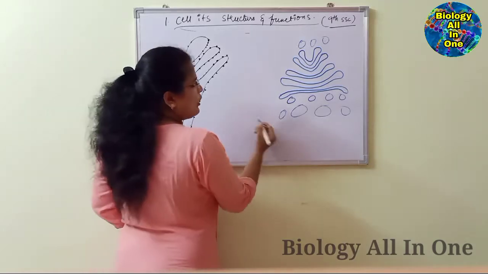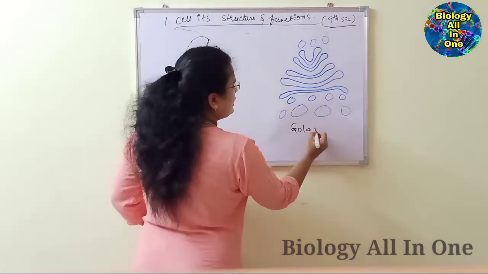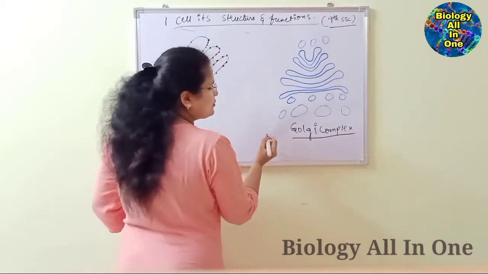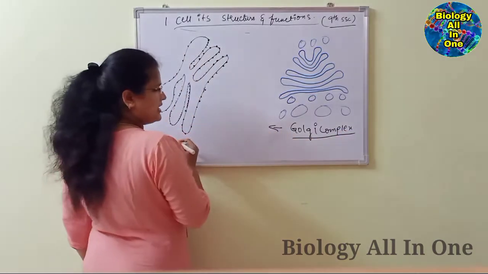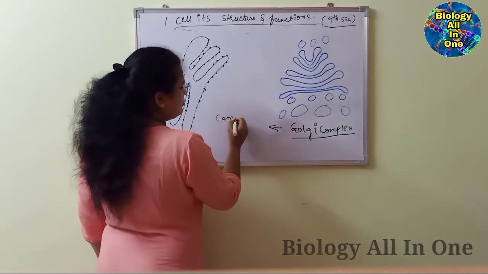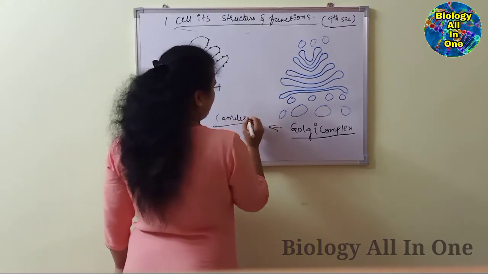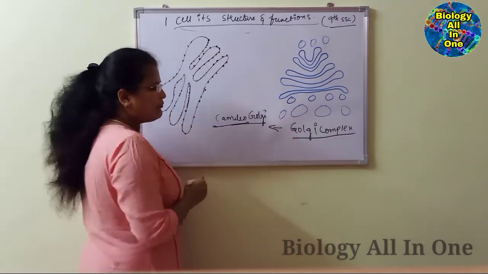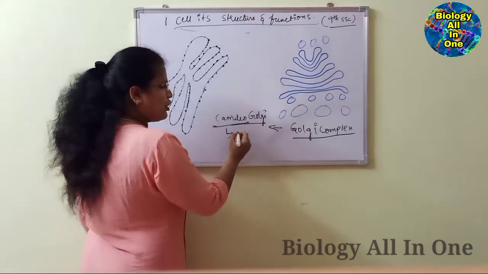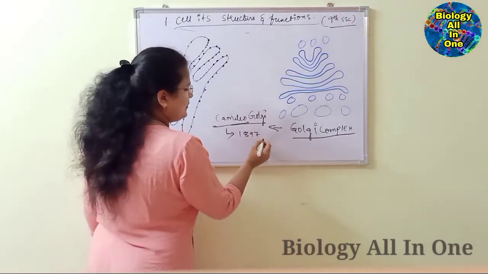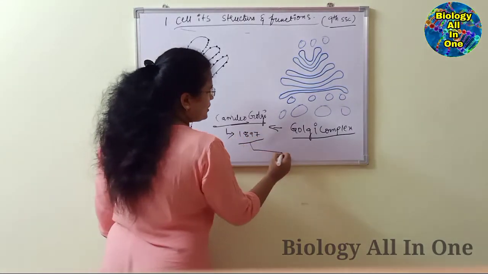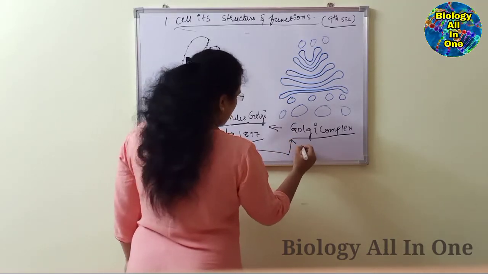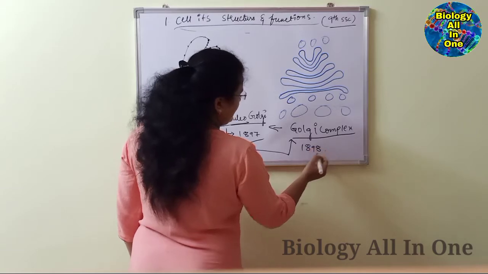See, today we are going to learn about the Golgi complex. This Golgi complex was first observed by the scientist Camillo Golgi. He observed it for the first time in the year 1897, and it was named the Golgi complex in the year 1898.